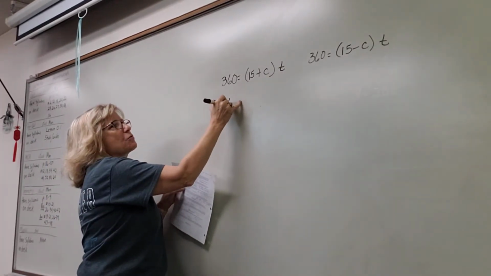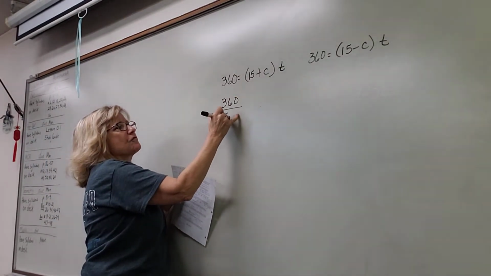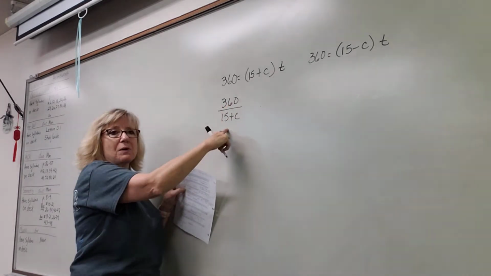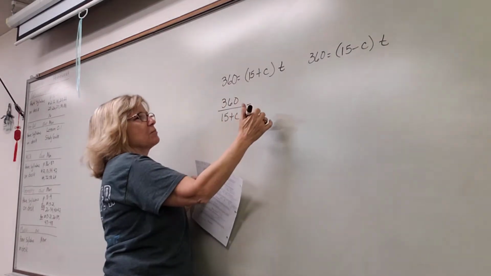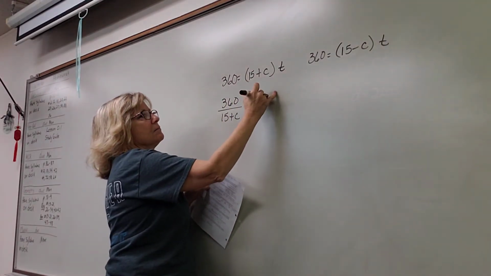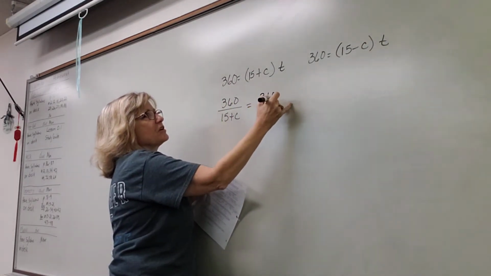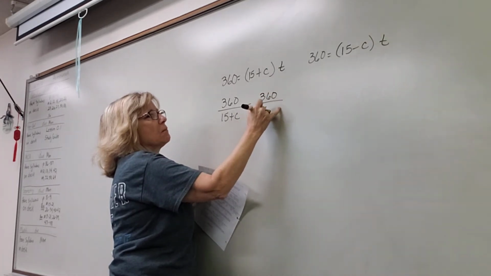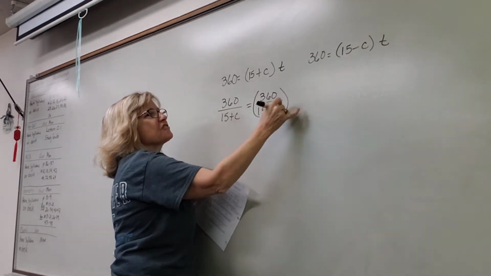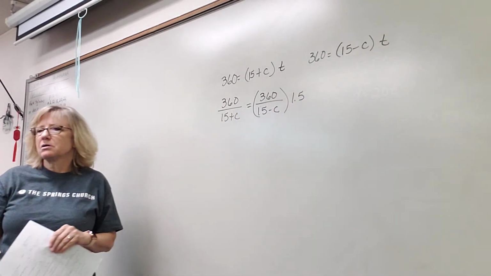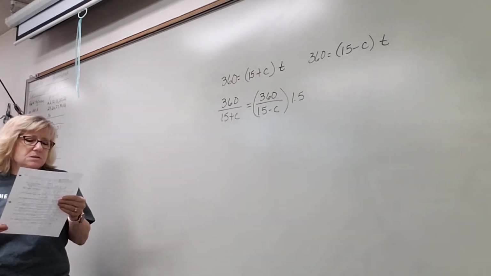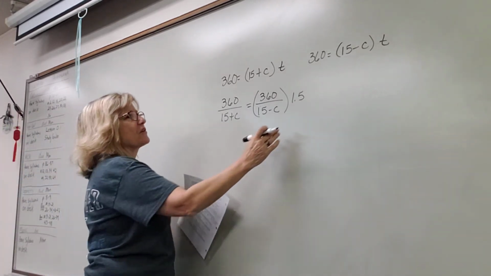So this is going to be 360 over 15 plus c. Here he's going faster. The two equations are going to be equal to each other. This is 360 over 15 minus c, but his time is 1.5 times as long as this, so I need to put that 1.5 on the other side.